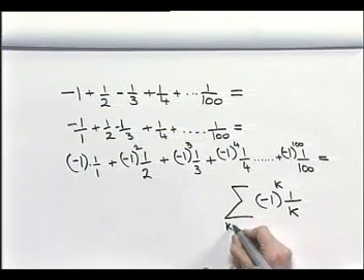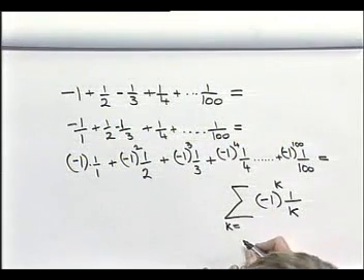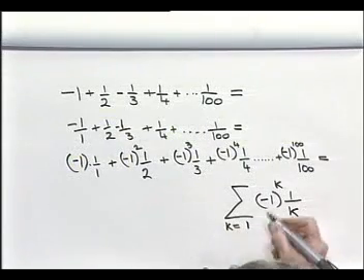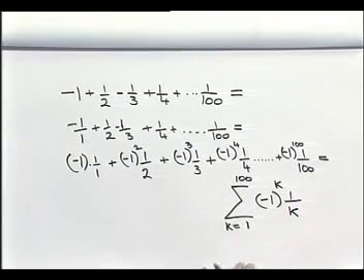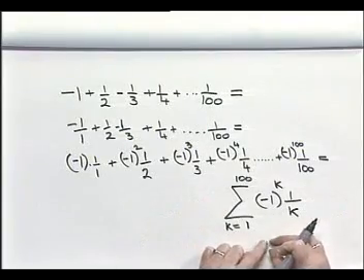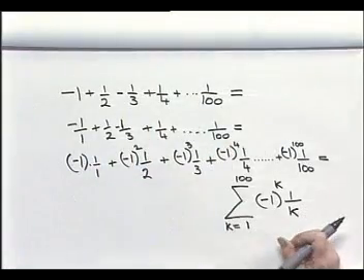And to complete our sigma notation for this long sum, we start with the lower limit of k equal 1, and the upper limit k equal 100. So you can easily see that this notation is very concise and a really lovely way of writing that big long sum.